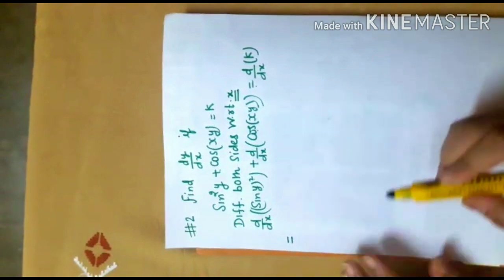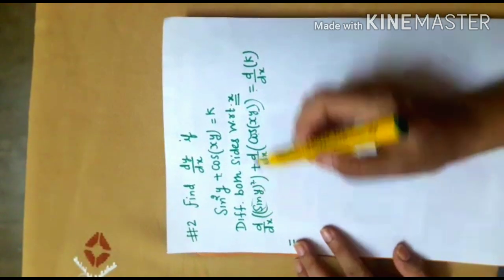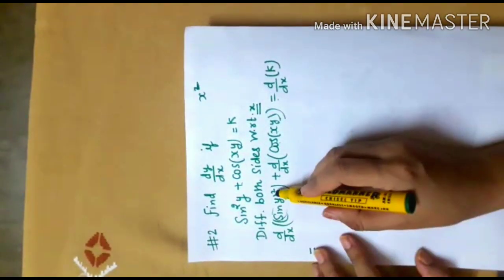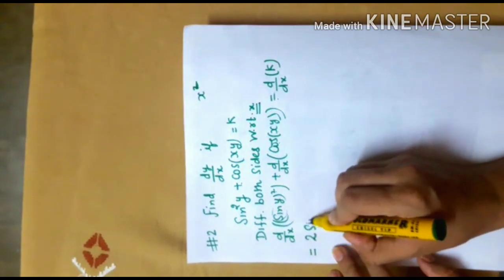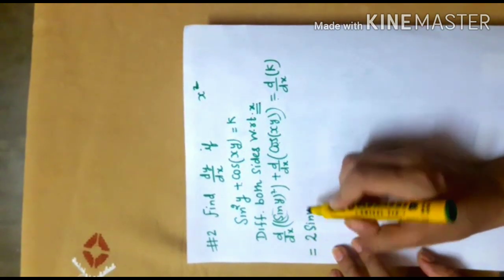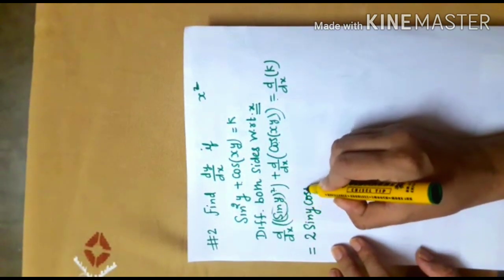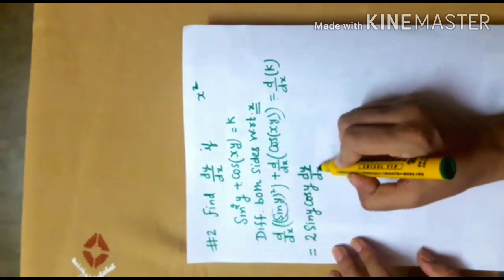Now this is of the form x square, so the derivative will be 2x. So it will be 2 sin y, then the derivative of sin y, which is cos y, and dy by dx.